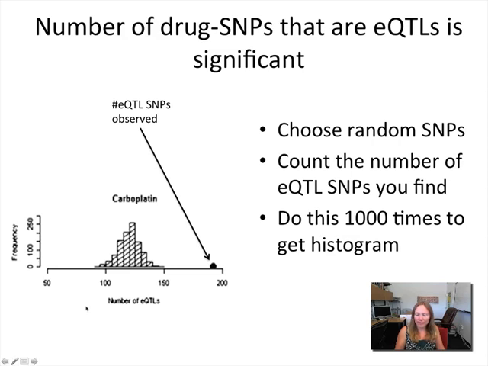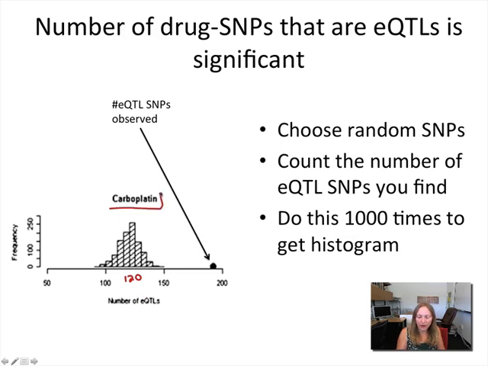In this case, if you choose a bunch of SNPs and count EQTLs, you usually get about 120 SNPs that are EQTLs. And if you do it a bunch of times, you get a background distribution of how likely a SNP is to be an EQTL.